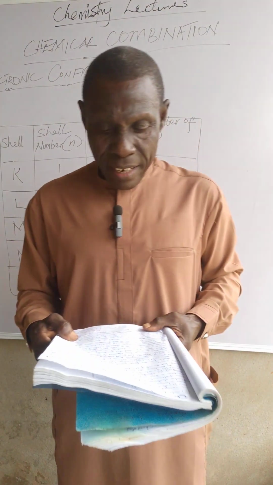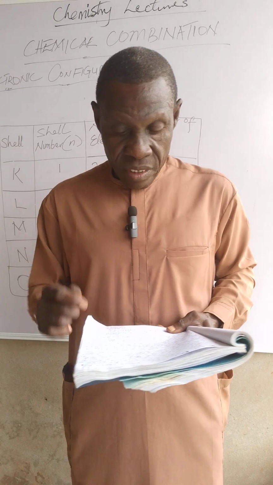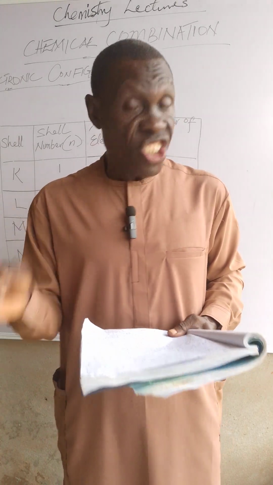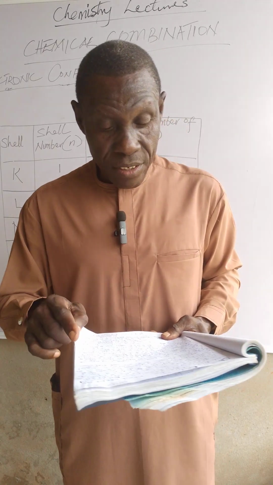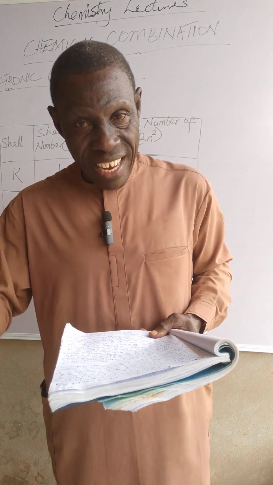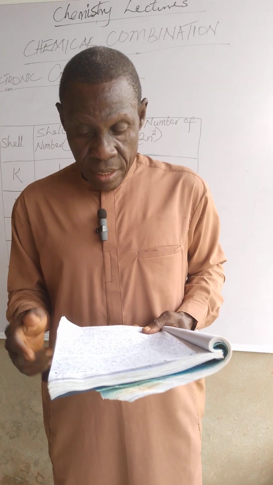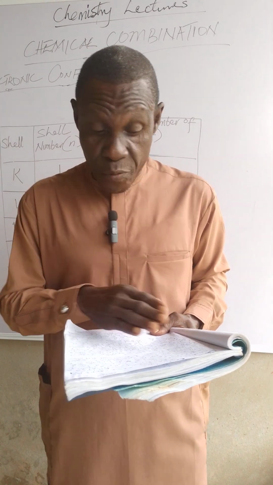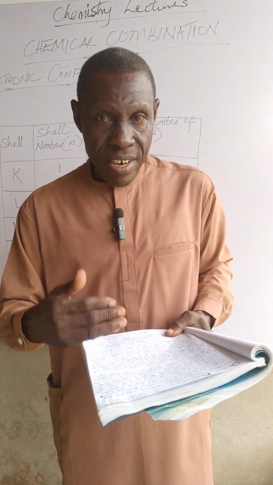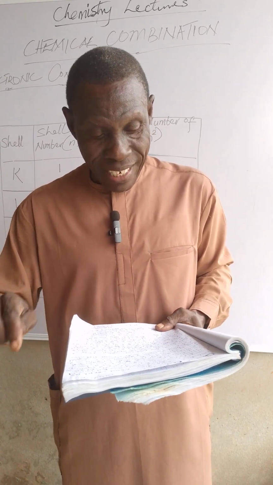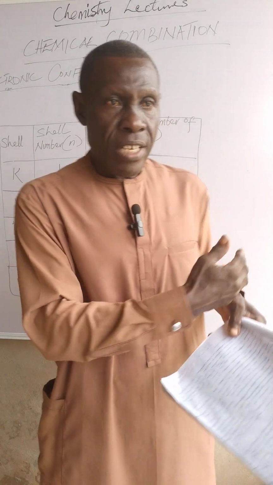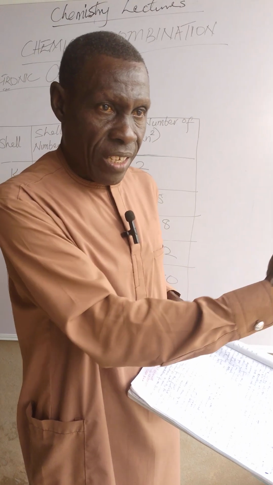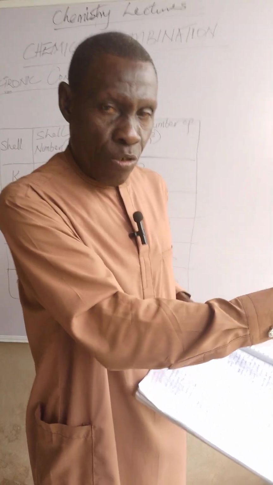All right, now after the first period, starting with an alkali metal, the property will change from element to element. That is to say that the metallic property of the element will now begin to fade and gradually be replaced by non-metallic property. Now, in group 1, you are going to group 2, group 3, group 4, to group 7, group 0.